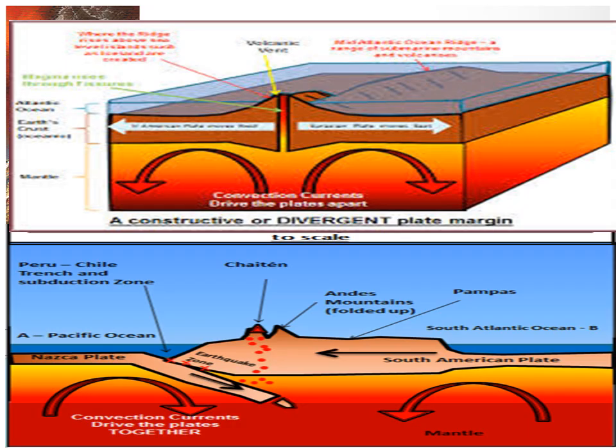Before we proceed towards types of volcanism, let me recall what a constructive plate boundary is and what a destructive plate boundary is. If you look at the picture on the top, you can see that there are two plates, crustal plates, moving away from each other. Such plate boundaries are called constructive plate boundaries. If you look at the picture which is under, you will see that two crustal plates are moving towards each other.